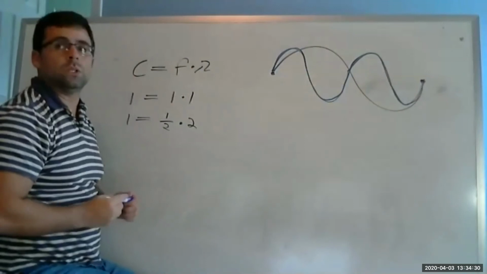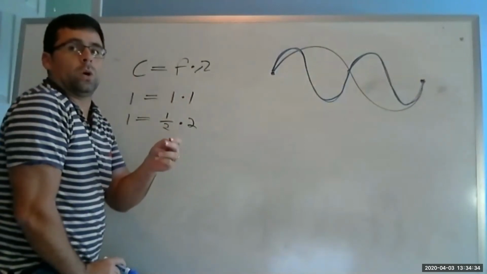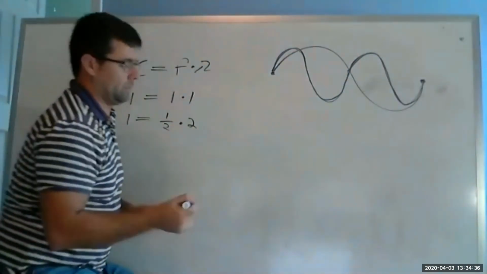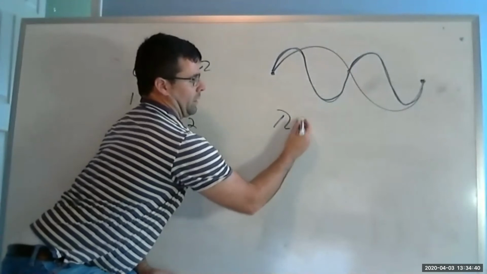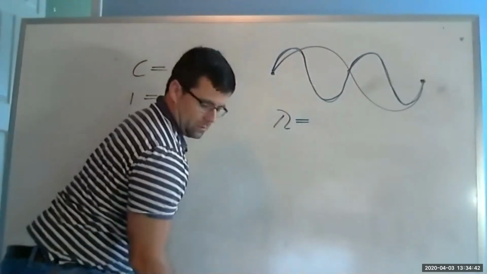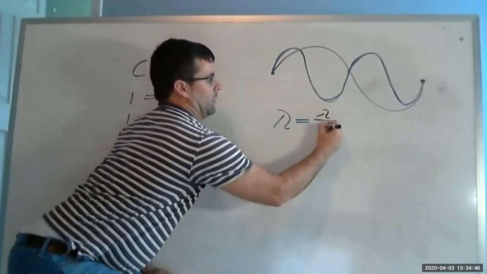It had to do 2 cycles, right? So its wavelength is half. So the blue wavelength is half the big one.